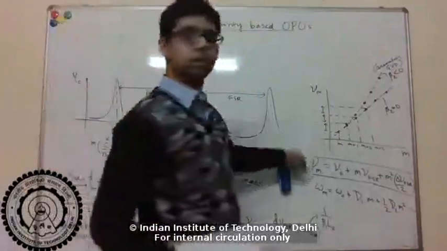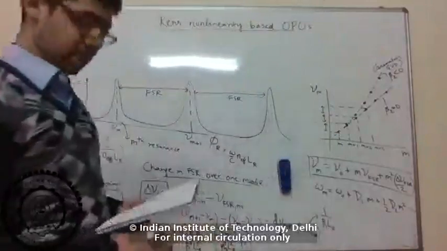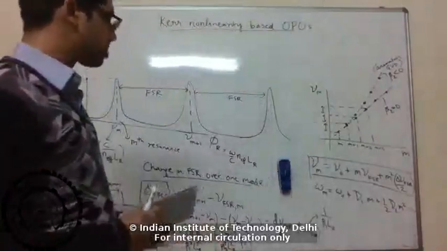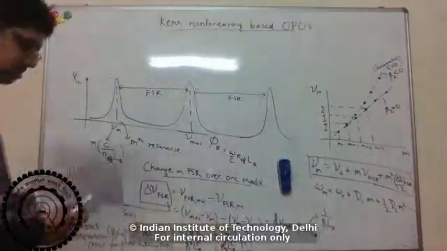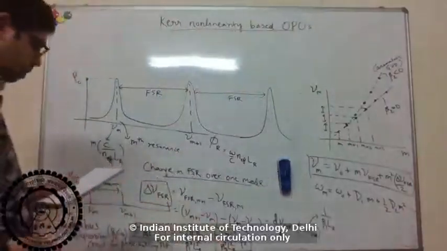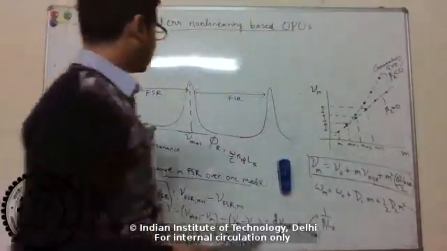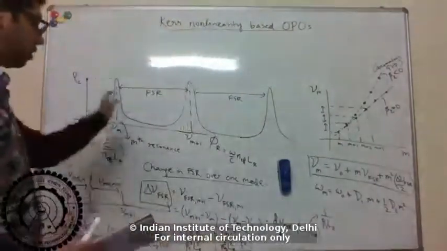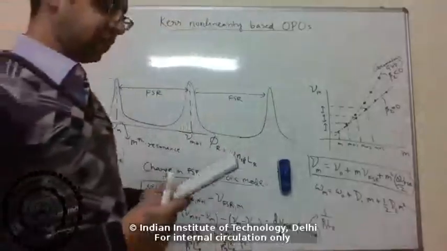Is this clear? Yes, sir. Okay. So that's how my cavity resonances will be placed if I have anomalous dispersion in the cavity.